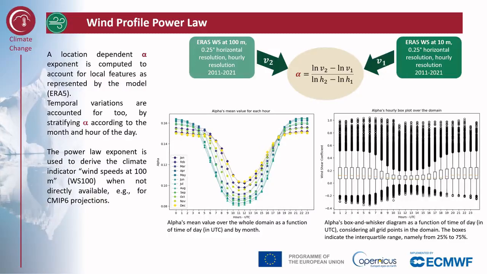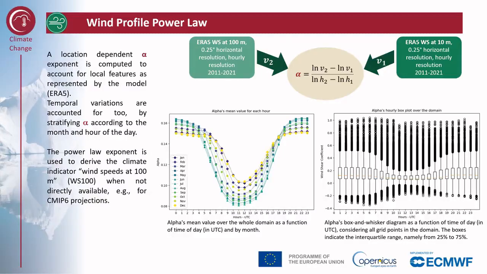As shown in the graph on the left, the mean value of alpha varies significantly depending on the time of the day and the month. On the right, the box and whisker plot shows the distribution of alpha values for each hour across the entire PECD domain.